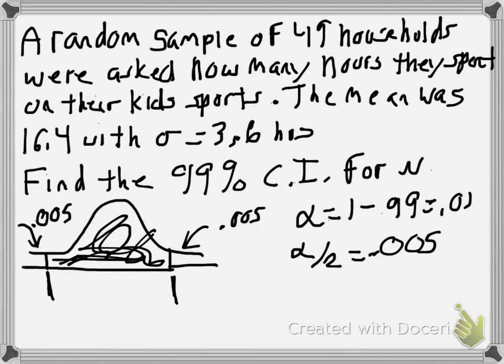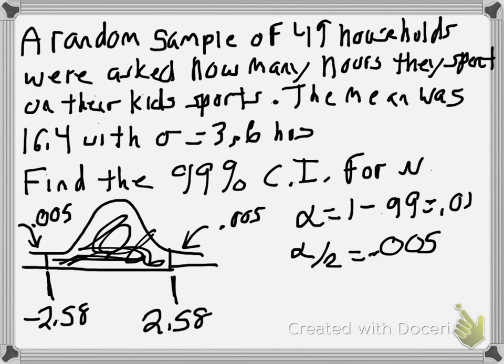Okay, so where do we go from here? The big thing we need to do is look on our blue table, find 0.005 as a probability and figure out what the z-score is. Well, hopefully at this point you can say, oh, that's pretty straightforward, Mr. Drum. That's 2.58. And the other z-score is negative 2.58.